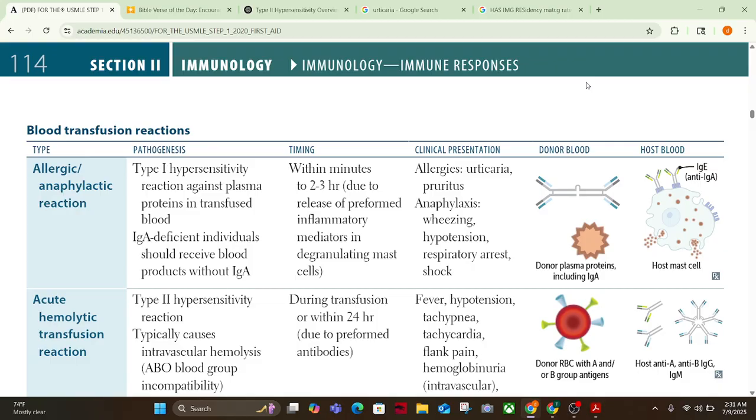First, you have an IgA deficient patient getting IgA in the blood. So the IgA deficient person is getting blood with IgA in it.